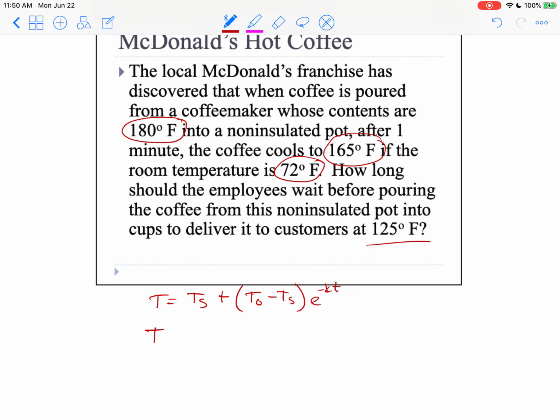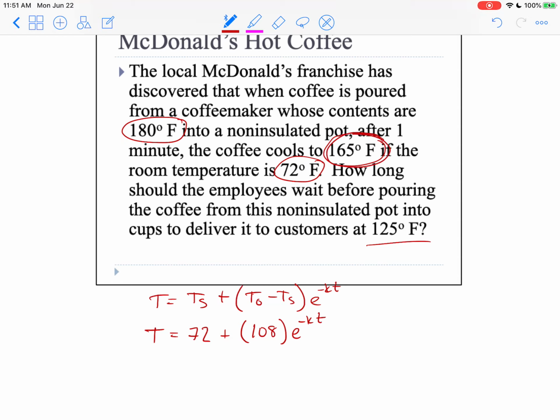So I know that T, for this particular problem, T equals 72, that's the temperature of the room, plus the difference between the initial temperature of the coffee, which is 180, minus 72, that's 108. And then we have e to the negative kt. Okay, so I filled in everything that the problem has told me so far.